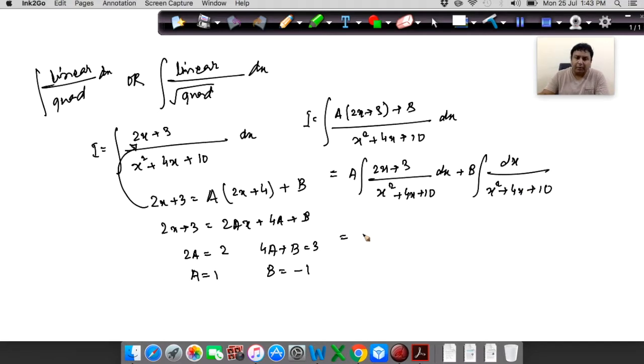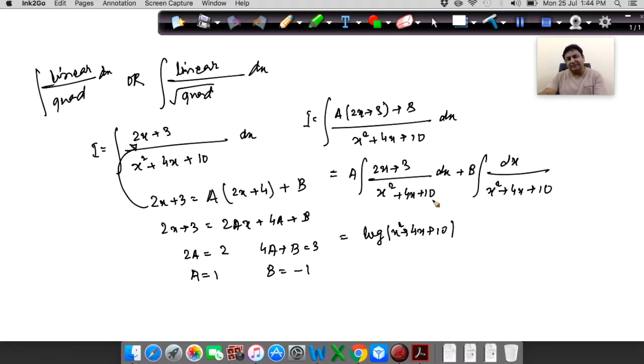So a is 1, and whenever the differentiation of the denominator is the numerator directly, like if you take this as t, you will get dt upon t, which is log t. You can take x square plus 4x plus 10 equals t and realize that it's going to be log of the denominator. So it's a log of x square plus 4x plus 10 when you integrate.